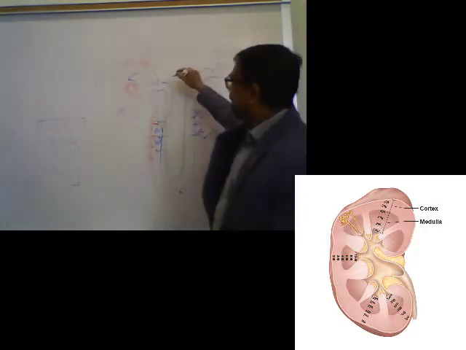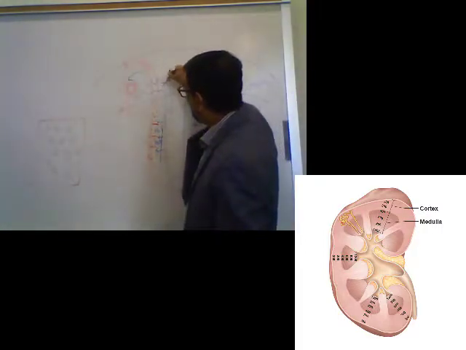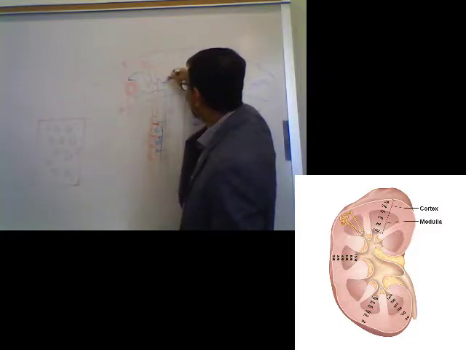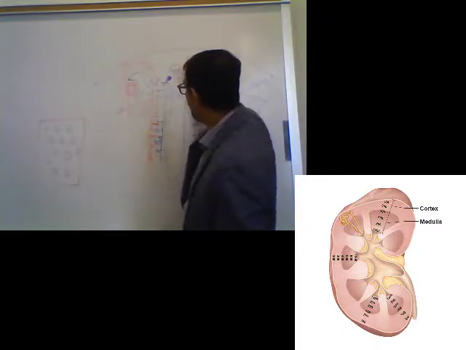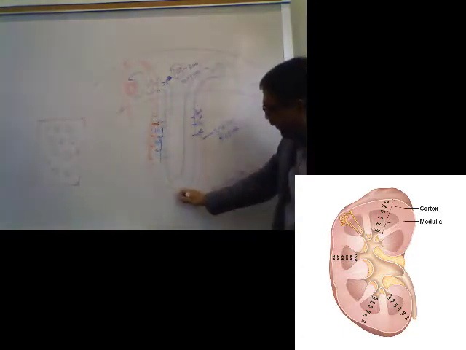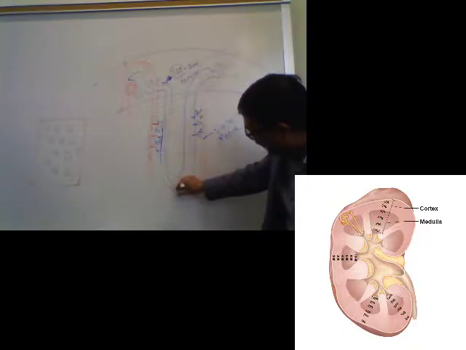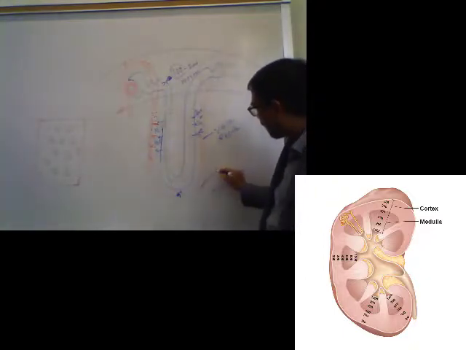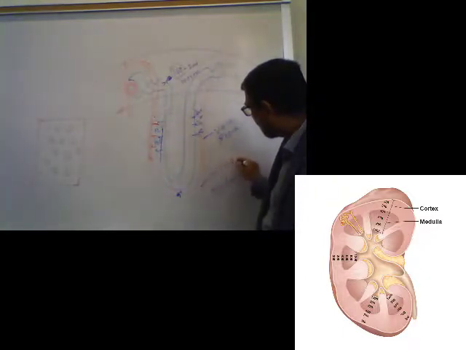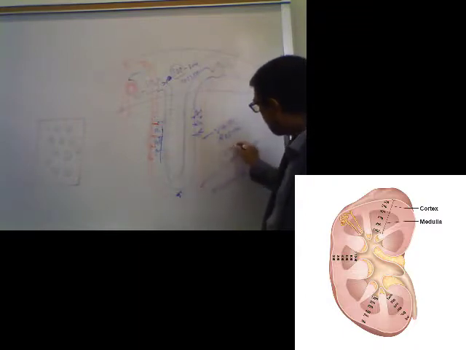So you already know, if I take a drop of fluid from here, the concentration is very low, like I mentioned, 100 to 300. So as low as 100 milliosmol. And in the deep medulla, you have the lower end of the loop of Henle. Here the concentration could reach up to 1400 milliosmol. I mentioned 1200 to 1400 milliosmol.